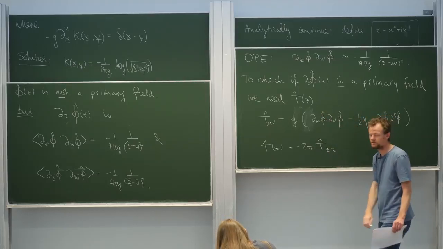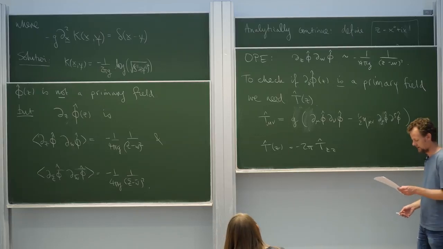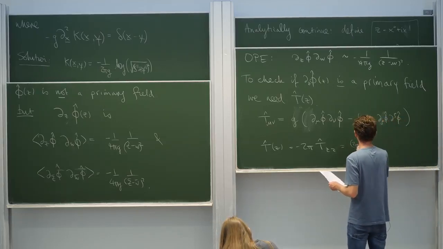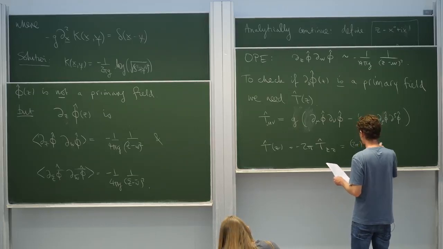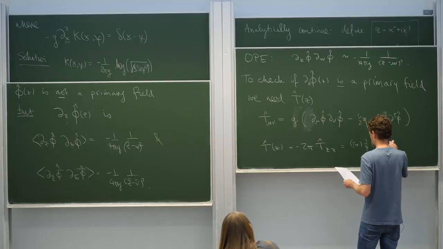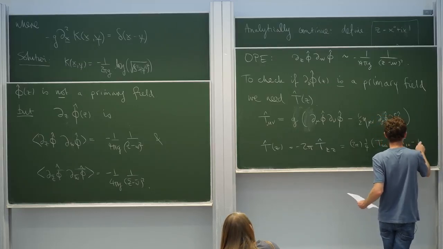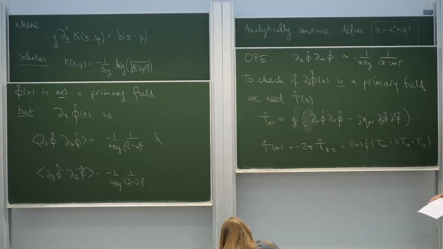You then find the zz component of this T hat, and it has a not particularly easy to remember form. Sort of a bit of a shame. I'll write it out. There's the 0, 0 component minus 2i, the 1, 0 component minus the 1, 1 component. You can work it out. It's not very difficult or anything. It's just not particularly intuitive to remember this combination of ones and noughts and so on.